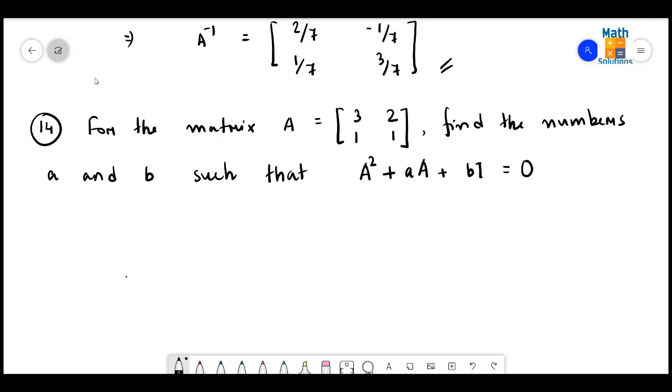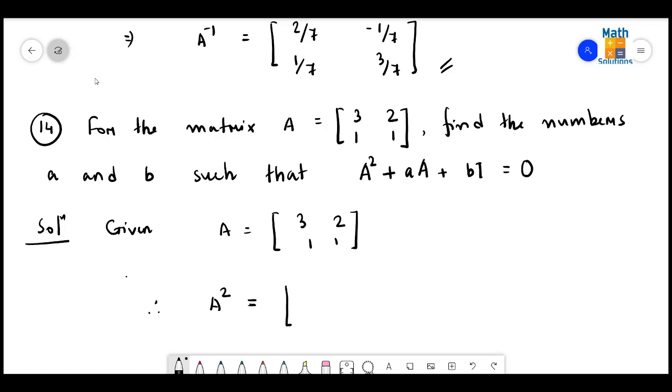So we can directly evaluate what A square is, and then those values I can put in this expression and the answer will come. So given capital A is equal to 3, 2, 1, 1, let us find out what A square is.